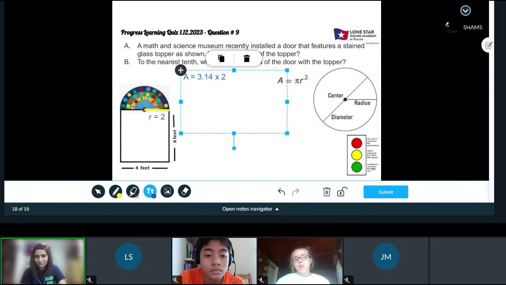Squaring the 2 means 2 times 2. That is 4. So how does the equation look? A equals 3.14 times 4. Any questions so far? I'm just using the formula for area, and the formula is written over here: A equals pi r squared.